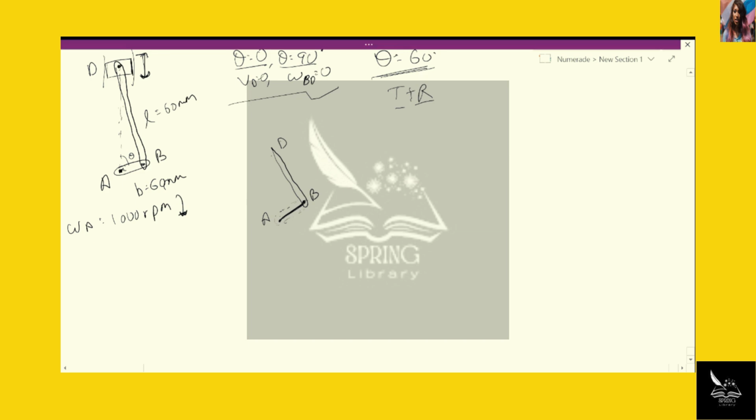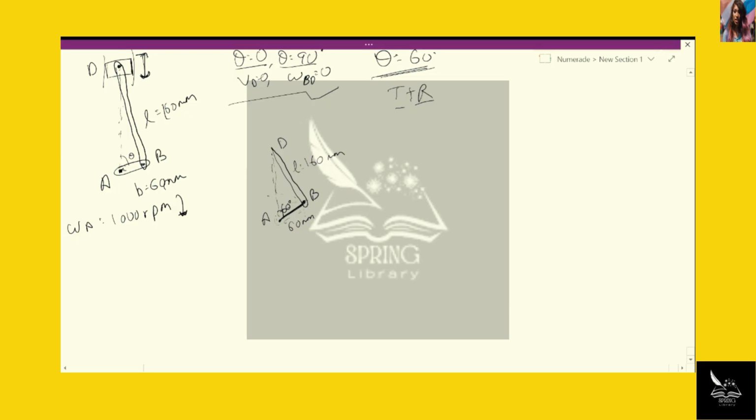The angles are given, so this angle is 60 degrees, and we know that this length is 60 millimeters and this length we know is 160 millimeters. Anyways, what will be the velocity at this point?